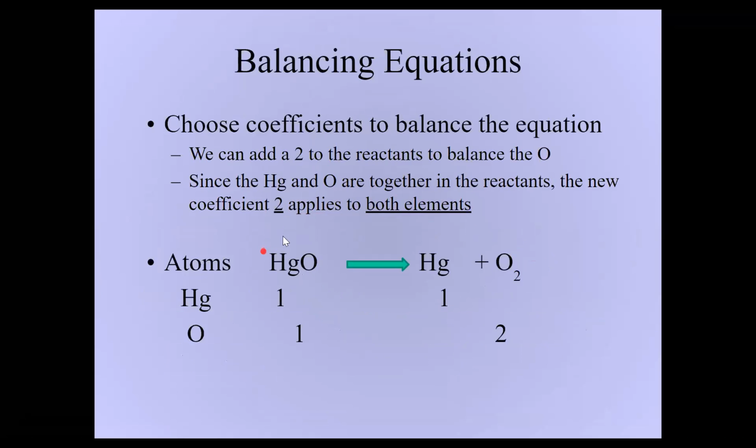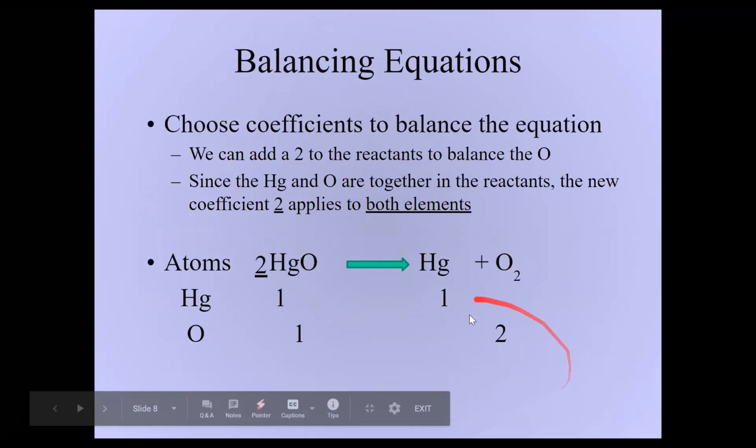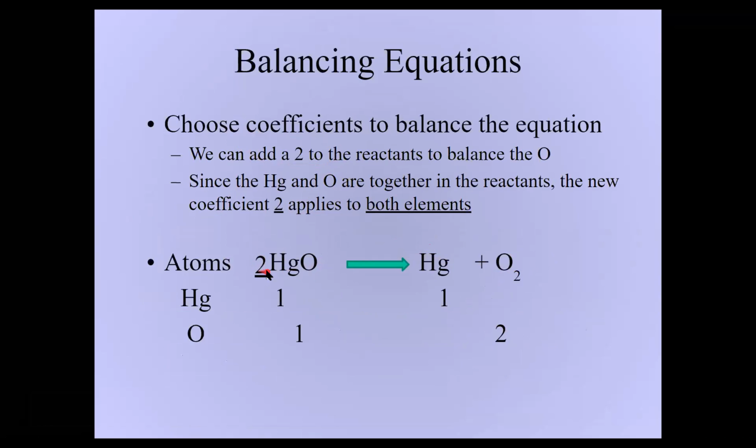So we can add a 2 to the reactants to try and balance our oxygens. So we put a number 2 coefficient in front of our HgO molecule. But since Hg and O are bonded together in the reactants, so these guys are next to each other because they're sharing a chemical bond, right?